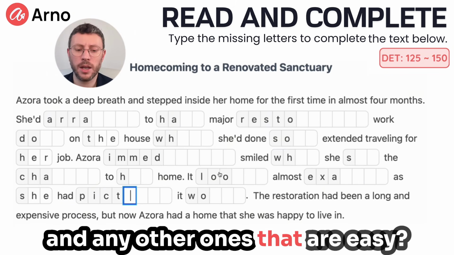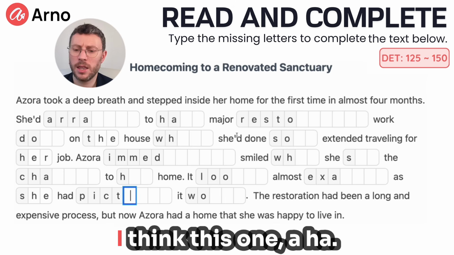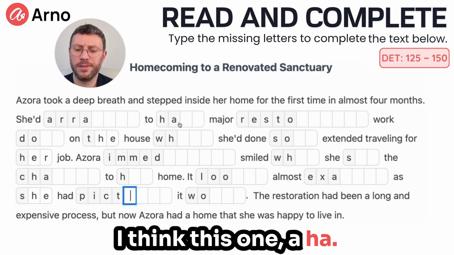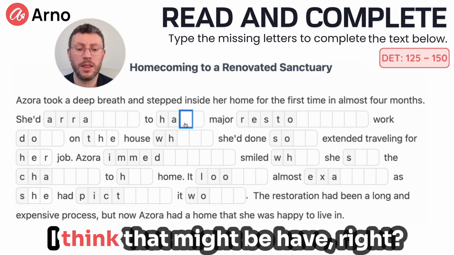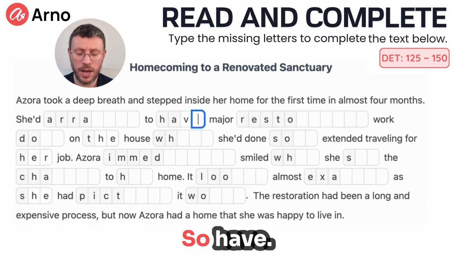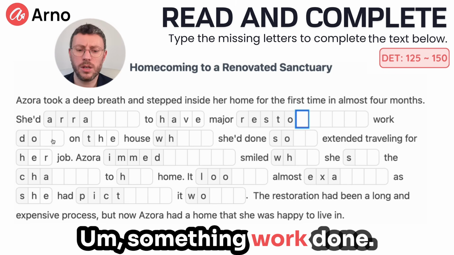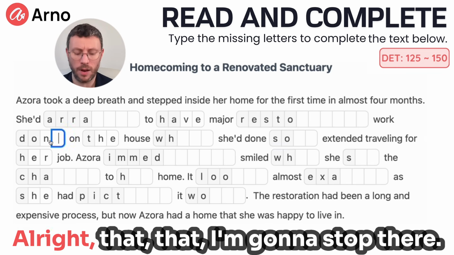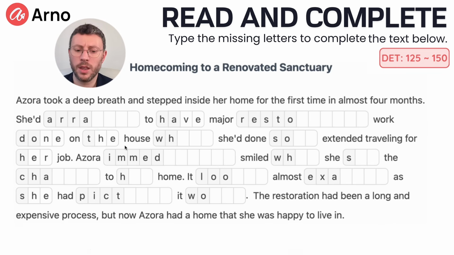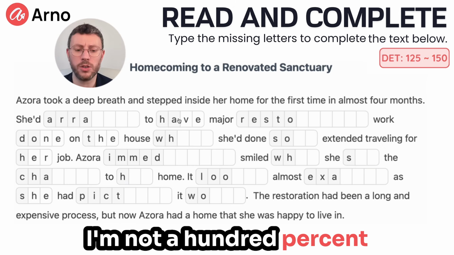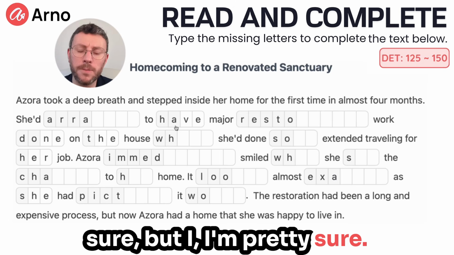And any other ones that are easy? I think this one, I think that might be have, right? So have something work done. All right, I'm going to stop there. Those are my easy ones. I'm not 100% sure, but I'm pretty sure.